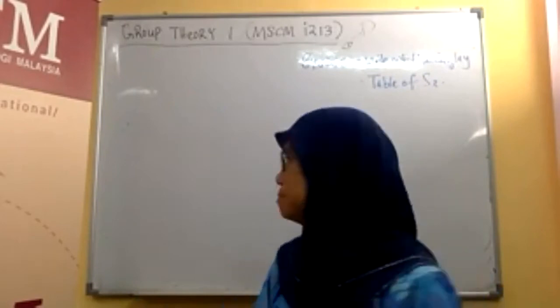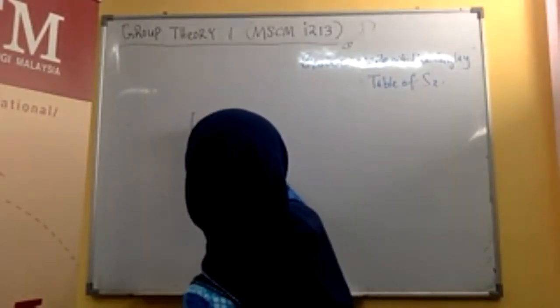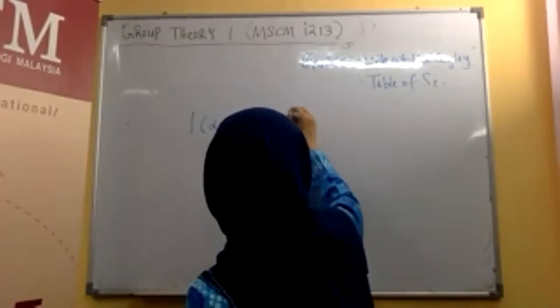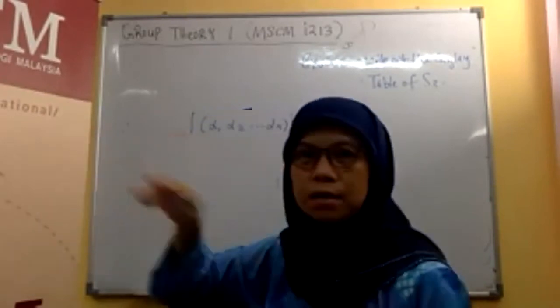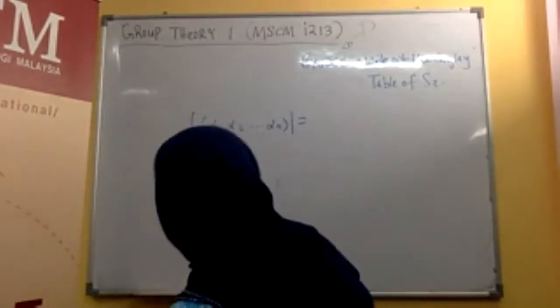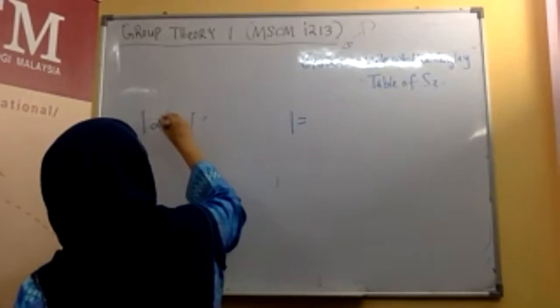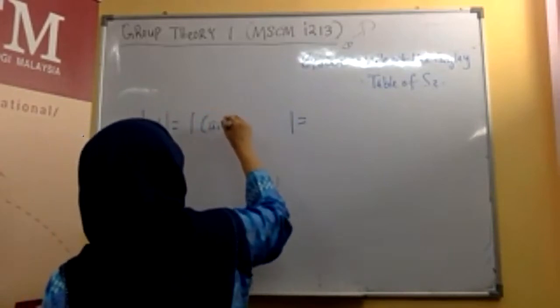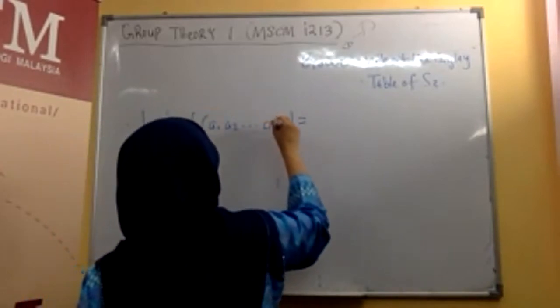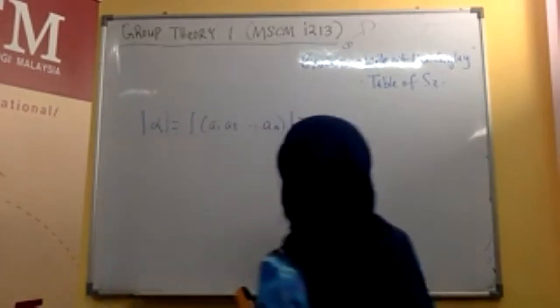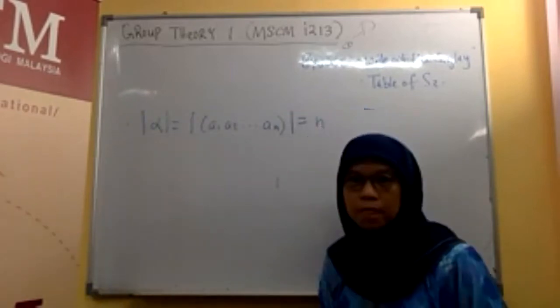It's very easy. If you have the order of any, oh sorry, I cannot use alpha inside because I call it alpha. So I use a1, a2 until an. Okay, so this is just n.